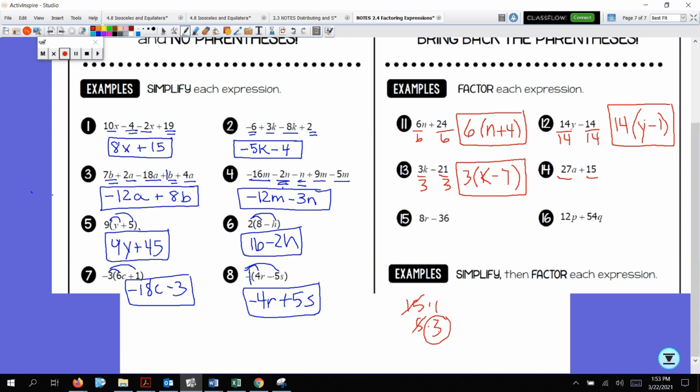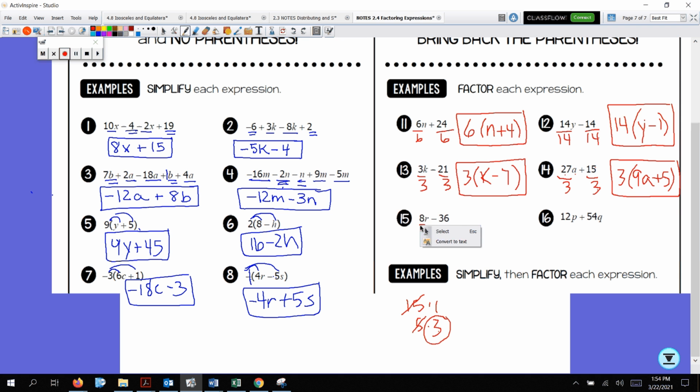Mm-hmm. So we're going to divide both terms by 3. So 27a divided by 3 is 9a. And 15 divided by 3 is 5. All right, excellent. 2 more.